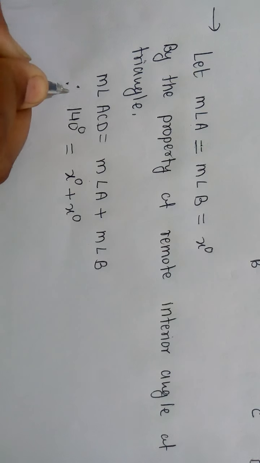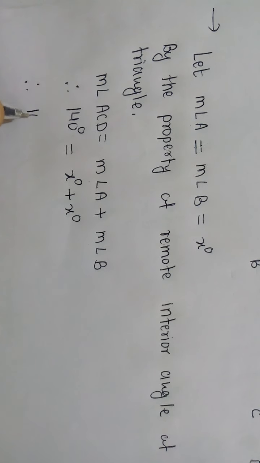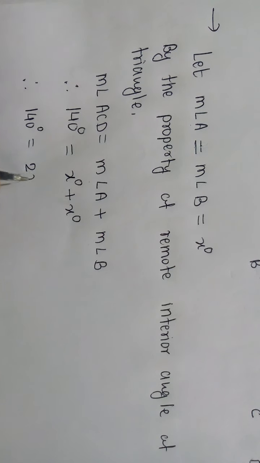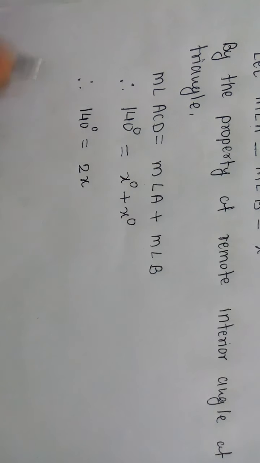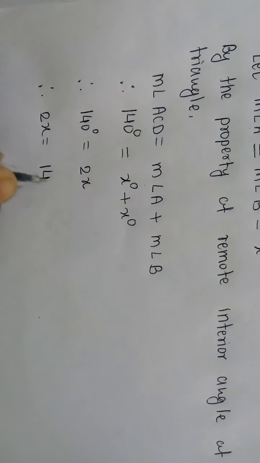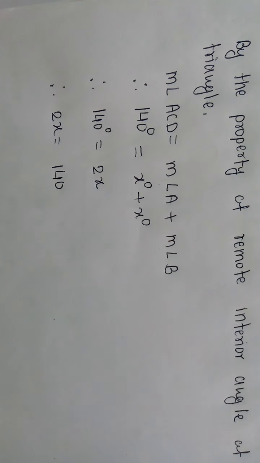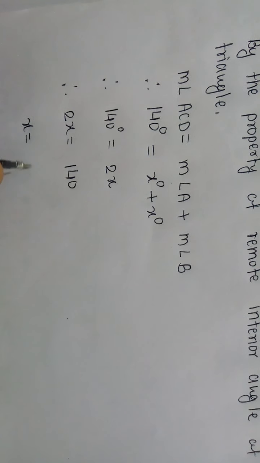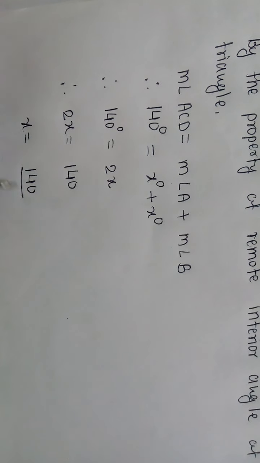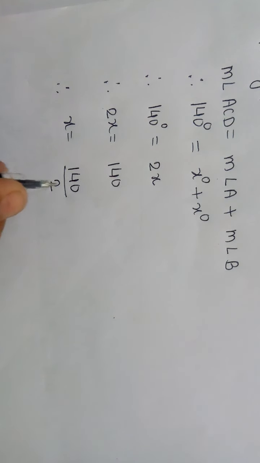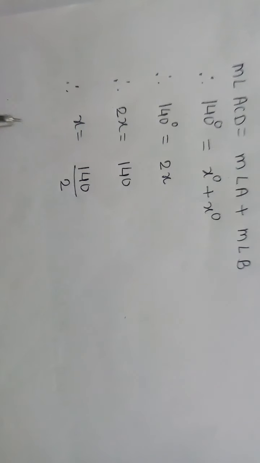So the next step will be 140 degrees is equal to x plus x, 2x. Or you can write 2x is equal to 140 also. So this 2 we will take to the right side: x is equal to 140 divided by 2. It is multiplied to this x, now it will be divided to this 140.